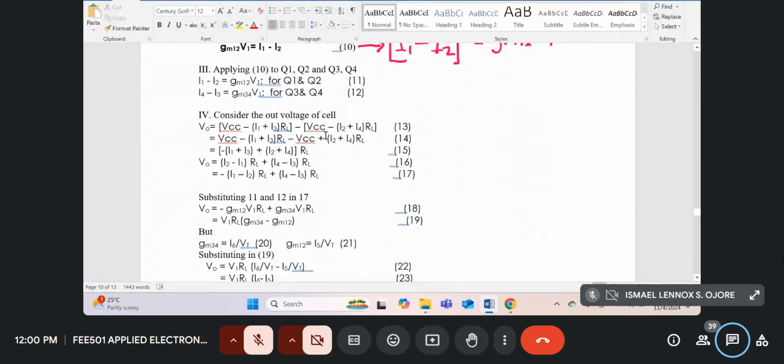So this is our equation 13 over here. So V naught is VCC minus I1 plus I3 into RL, that's the drop towards the left, minus VCC minus I2 plus I4 into RL, that's the drop to the right.